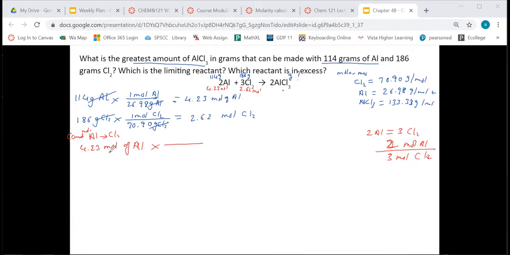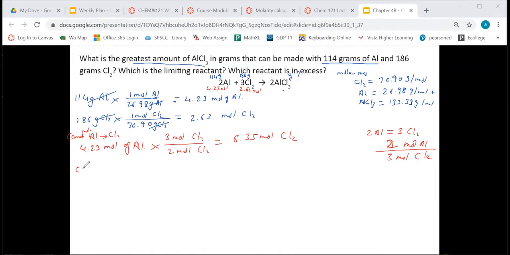That's what we're trying to figure out. So because we're trying to figure out chlorine, the chlorine goes on top. So 3 mole chlorine over 2 mole aluminum. So what is the answer? It is 6.35 mole chlorine.